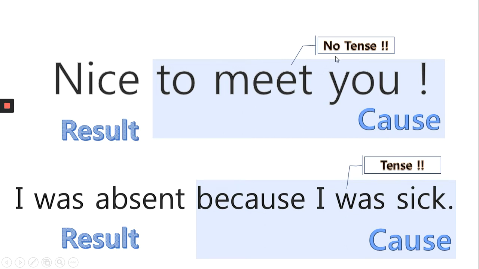So the 아서 also 해서 is more close to this, not "because." But these two have the meaning of because, right? Of course, as I said, there is no one-to-one match. Quite similar to the two infinitives.